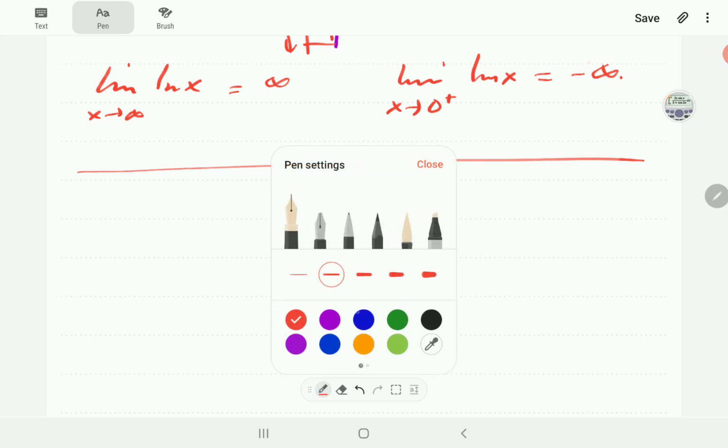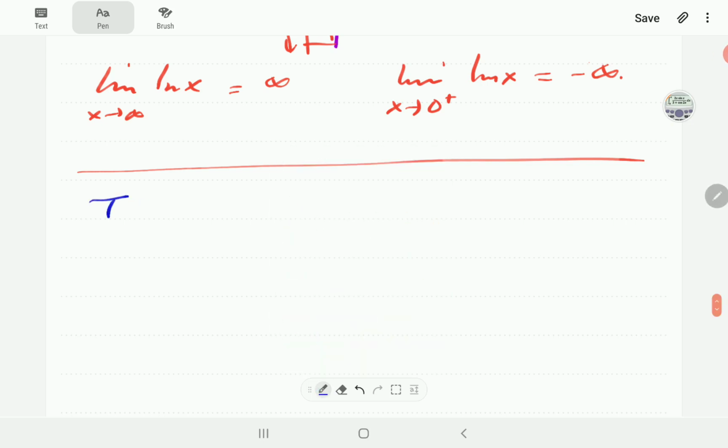We are going to be interested in limits of rational expressions as x goes to plus or minus infinity.